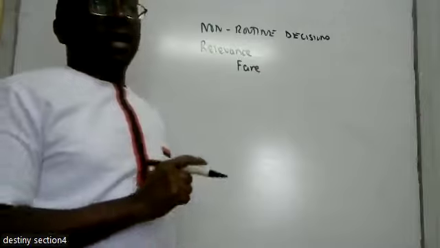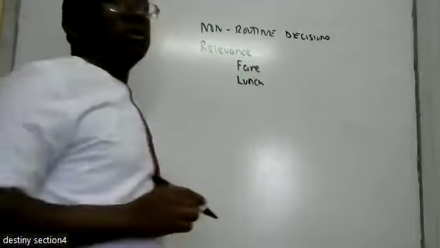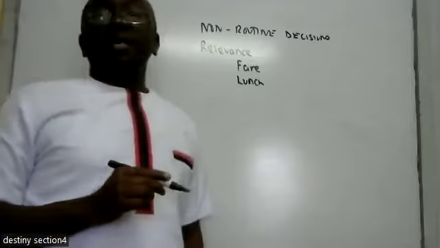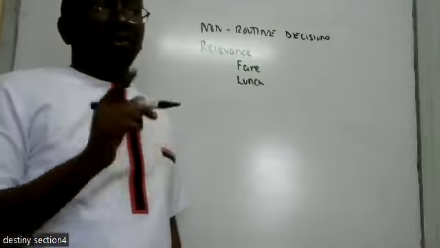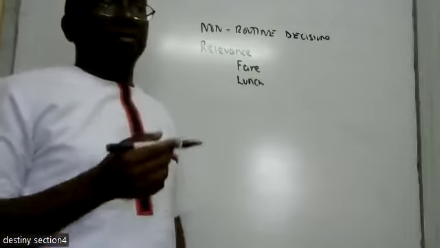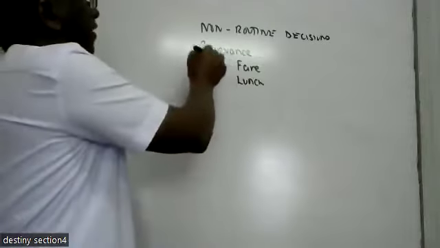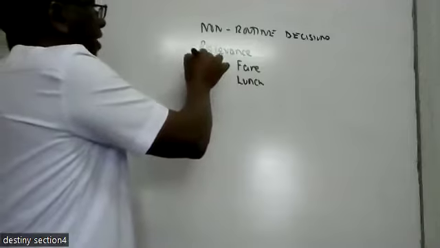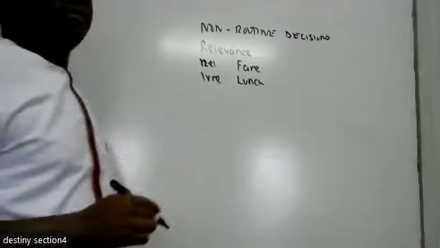But something like lunch costs, how much you consume on your lunch, is irrelevant as far as coming to this class is concerned, because you do not eat because you have come to class, you eat because you will be hungry by that time, whether you are in class or not in class. So costs which affect the decision are called relevant, and those which do not are called irrelevant.